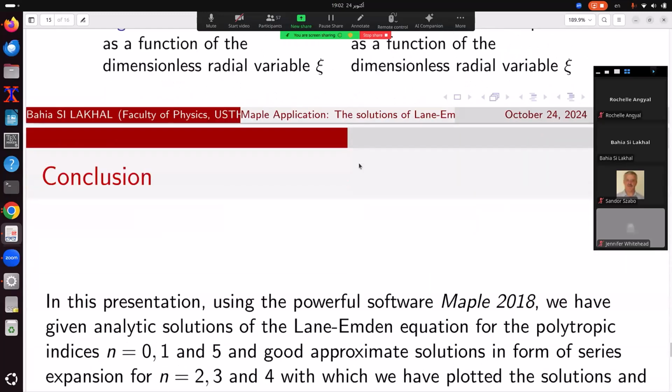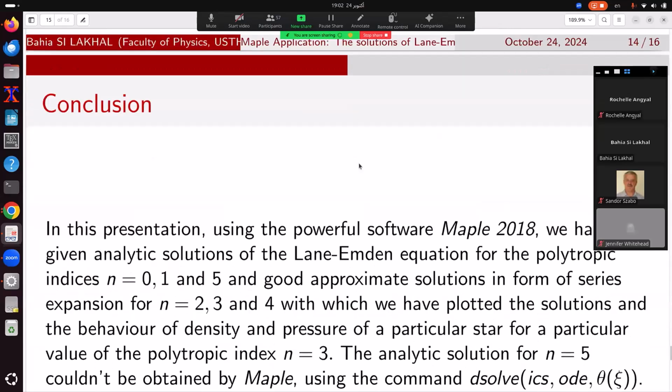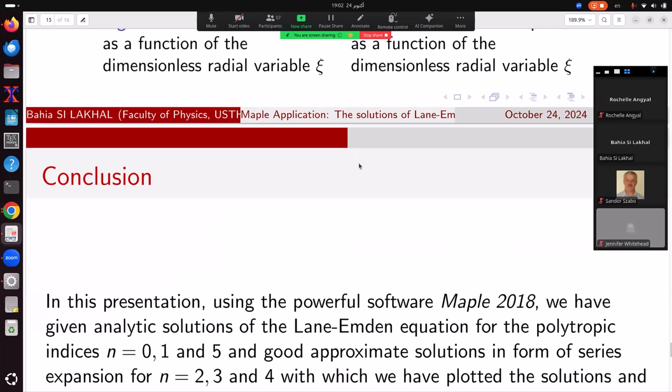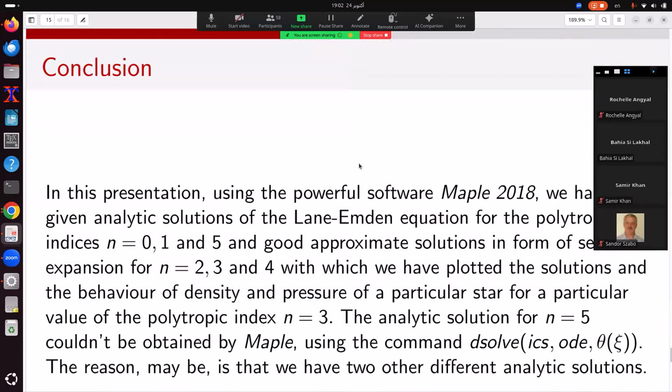So, conclusion: in this presentation, using the powerful software Maple 2018, we have given analytic solutions of the Lane-Emden equation for the polytropic indices n equals 0, 1, and 5, and good approximate solutions in the form of series expansion for n equal 2, 3, and 4, with which we have plotted the solutions and the behavior of density and pressure for a particular value of n equal 3.